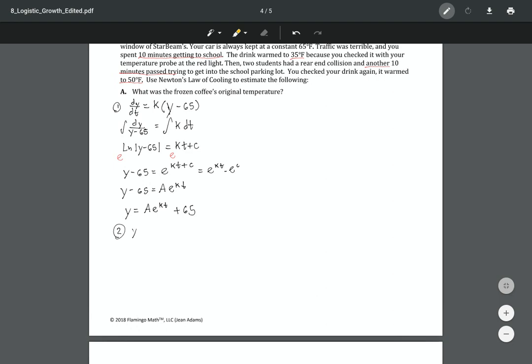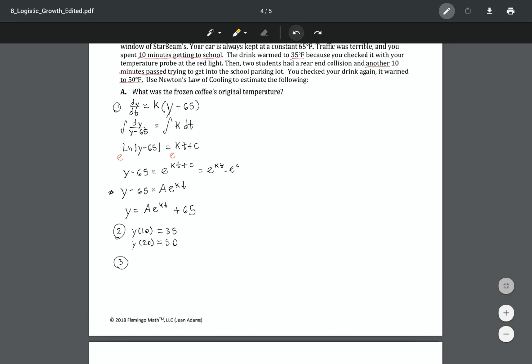So we know that the temperature after 10 minutes was 35, and the temperature after 20 minutes, because 10 minutes pass after that, was 50. This is the only part that's a little bit weird. This is not the only way to do it, but what we're going to do here is substitute that back into this equation because it's a little faster.